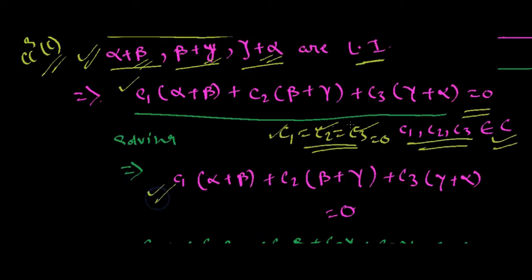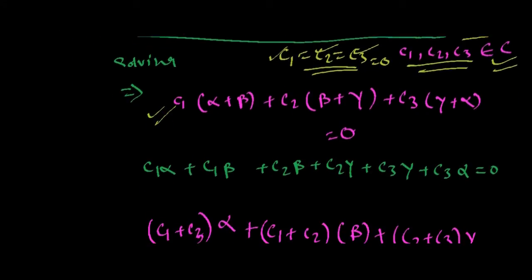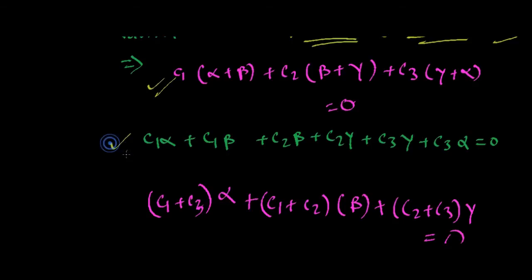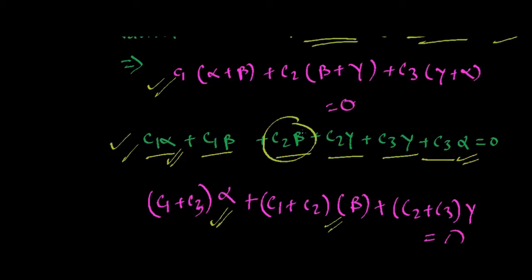We can expand it like this, and then we can regroup all the alphas, that is this alpha here and this alpha here, and write it like this. Then we can do a similar thing with beta: this beta here and this beta here will club together. And similarly with gamma.